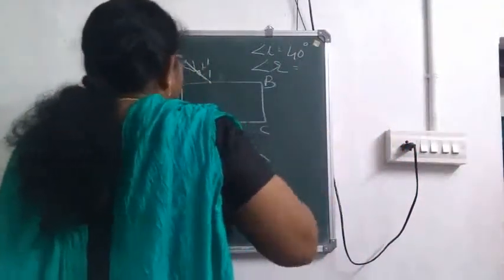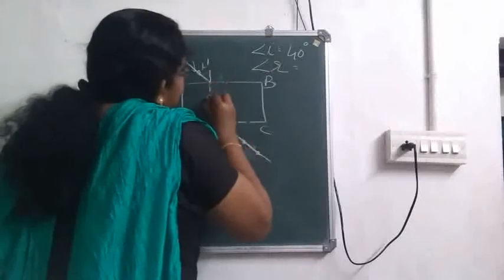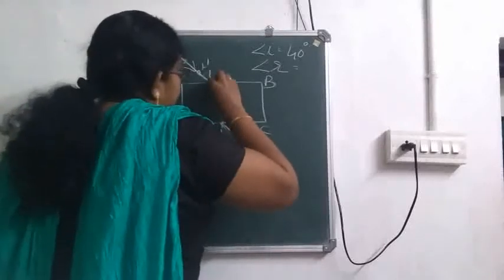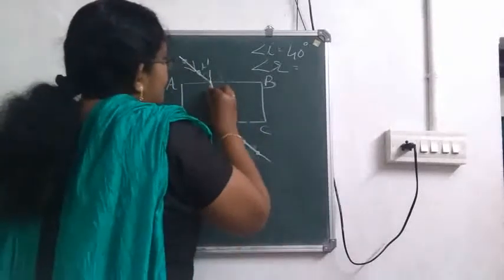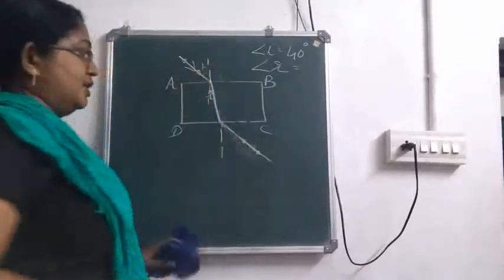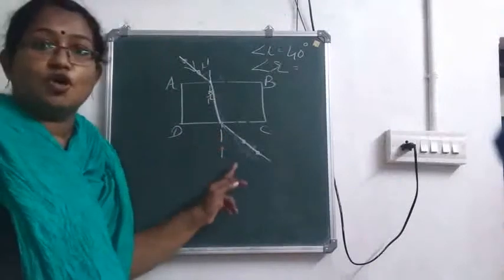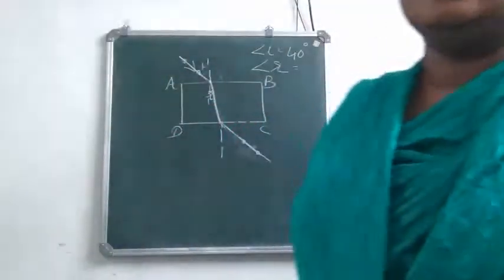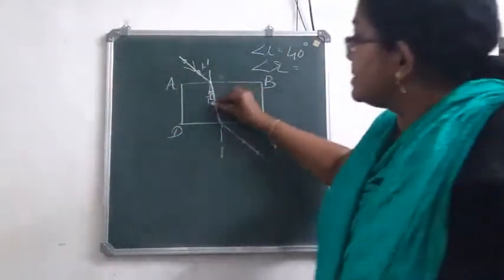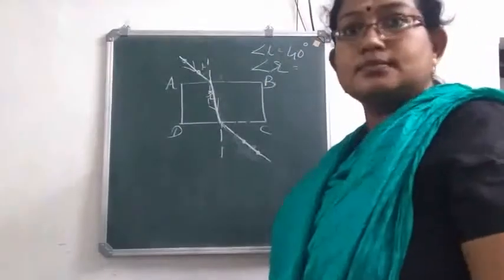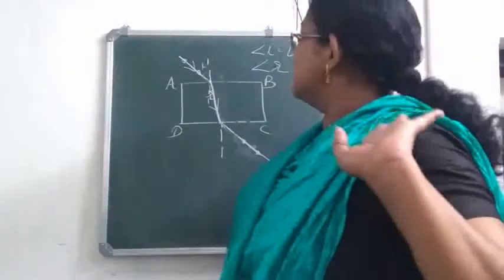Our refracted ray is not clear, I'll just draw it properly. Okay, so this is our angle of refraction. So the incident ray, refracted ray and the normal, all the 3 things lie on the same plane. Okay, so first law is satisfied.